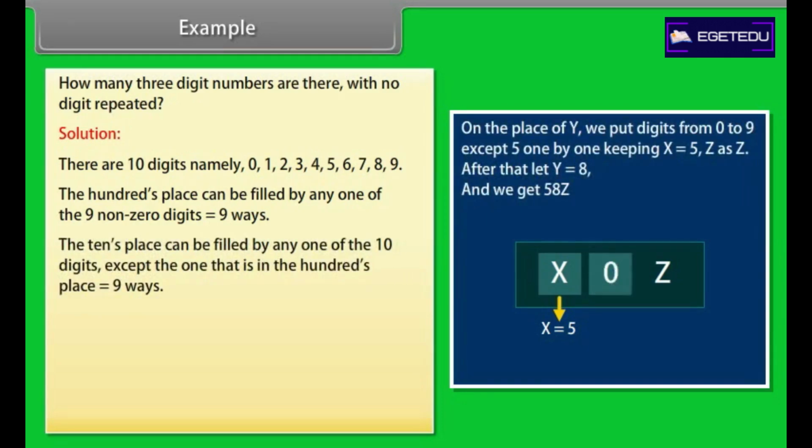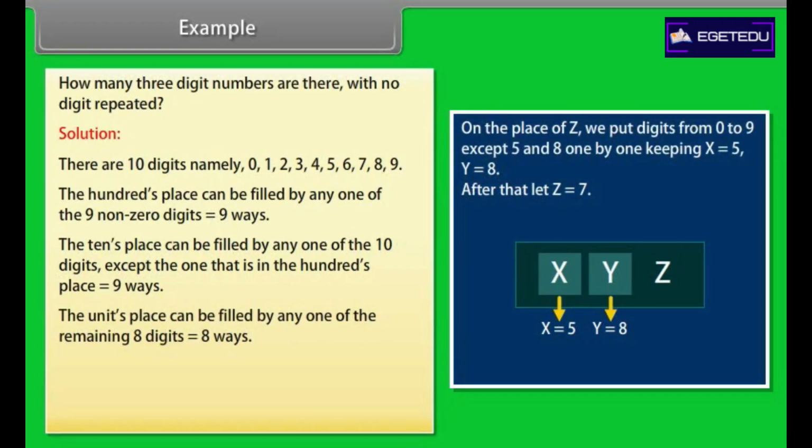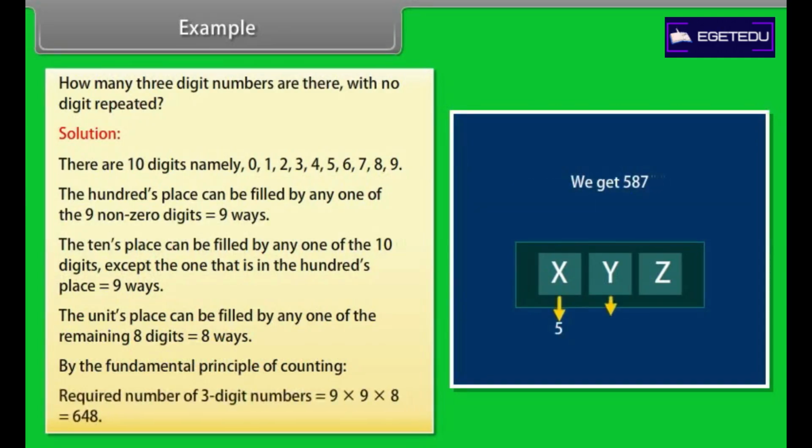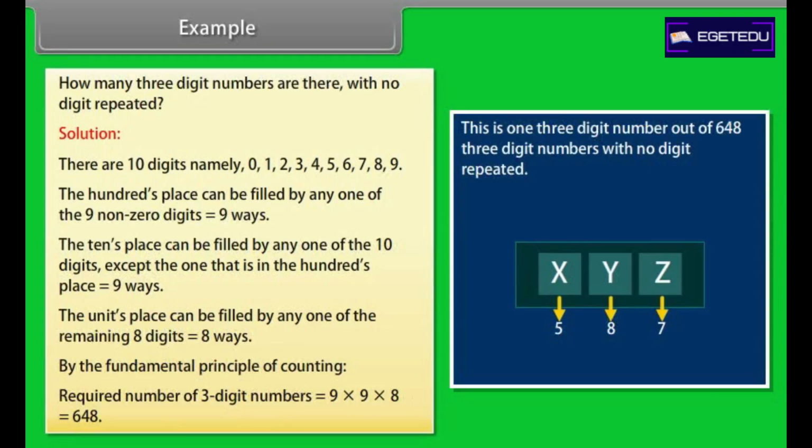The tens place can be filled by any one of the 10 digits except the one that is in the hundreds place, which is 9 ways. The units place can be filled by any one of the remaining 8 digits, which is 8 ways. By the fundamental principle of counting, the required number of 3-digit numbers is equal to 9 into 9 into 8 is equal to 648.